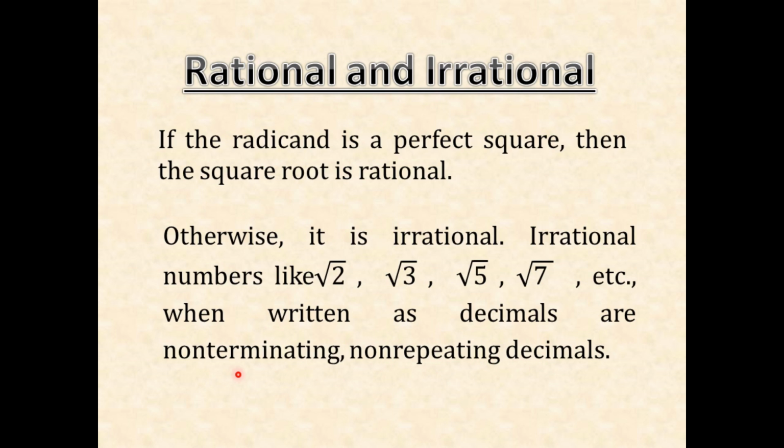When we say non-terminating, the decimal digits are continuous. There is no ending. When we say non-repeating, there is no digit that repeats itself infinitely. This is our basis for us to conclude that the square root is irrational. But I want to emphasize also, guys, that not all decimal numbers are irrational.